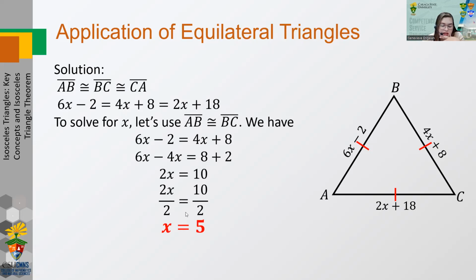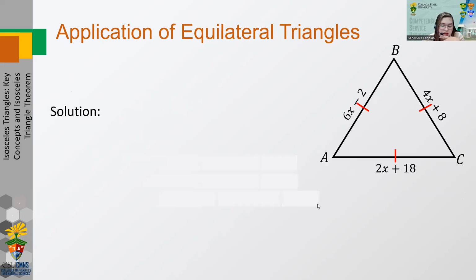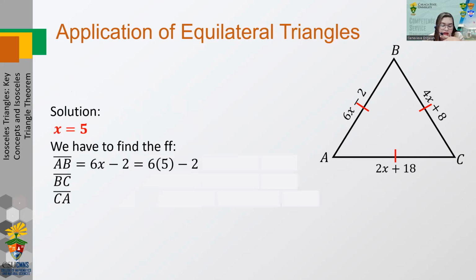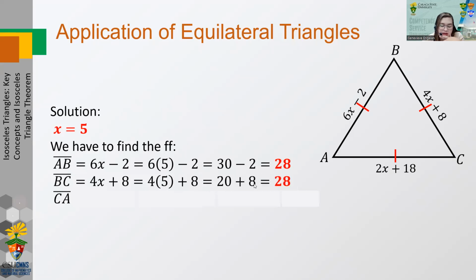So i-substitute lang nato ang values dira. So substituting the values, you have 6 times 5 minus 2. So that is 30 minus 2, that's 28. So si BC is 4x plus 8. So you have 4 times 5 plus 8. So that's 20 plus 8. That is equal to 28.